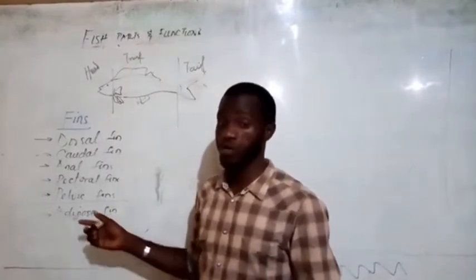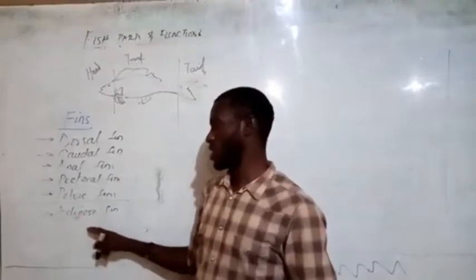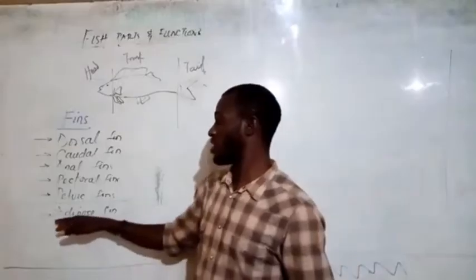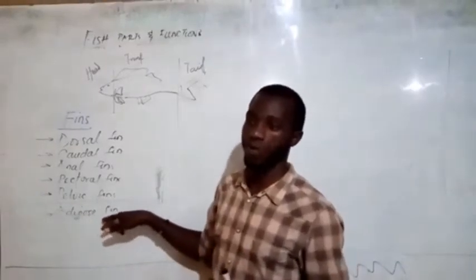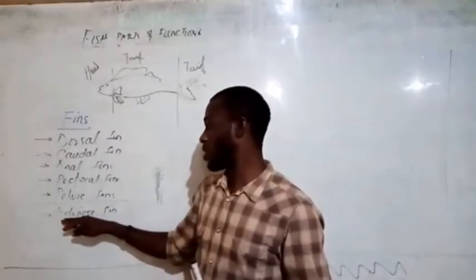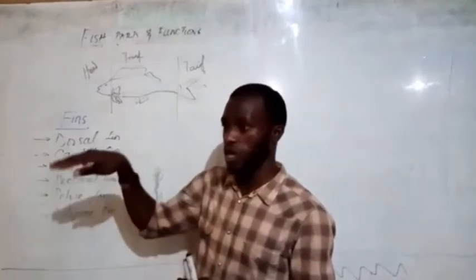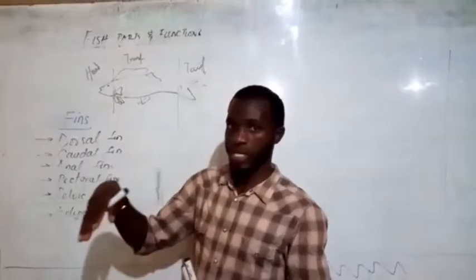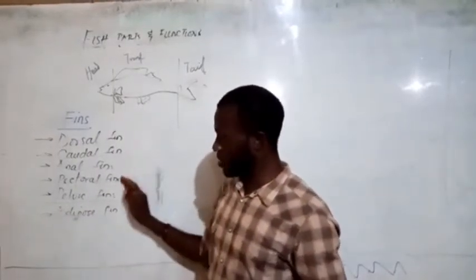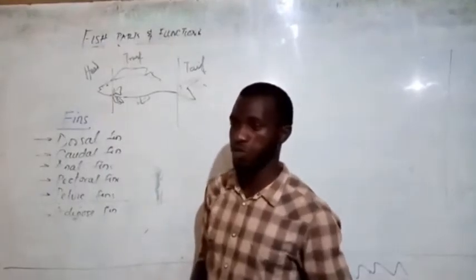Catfishes such as heterobranchus bidorsalis. That is where you can find the adipose fin. And it doesn't have a specific function. It is just a modification of the fat on that layer of the body. But these are the 5 set of fins that a fish must have.